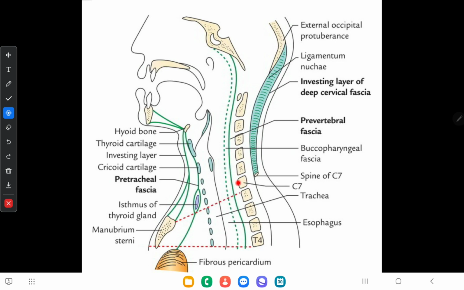Here is the C7 vertebra. Then here is T1, T2, T3. So the prevertebral fascia goes downwards and blends with the anterior longitudinal ligament on the front of the bodies of the upper three thoracic vertebrae.